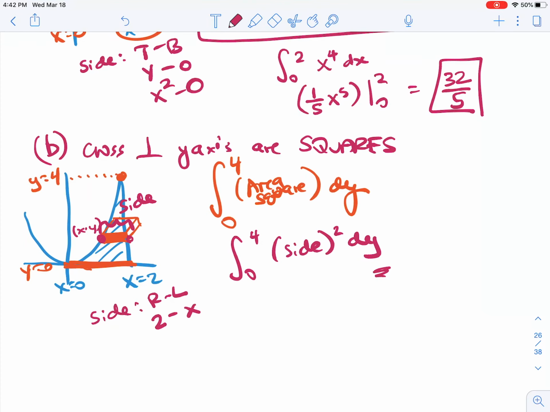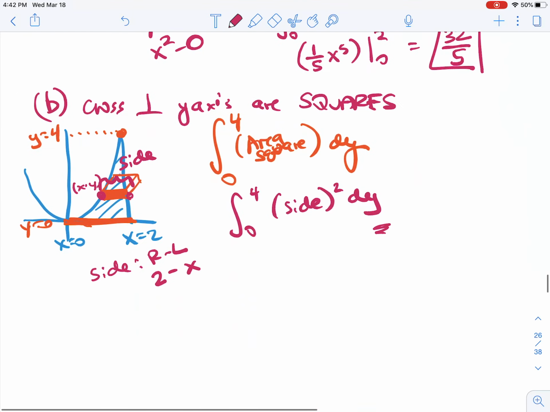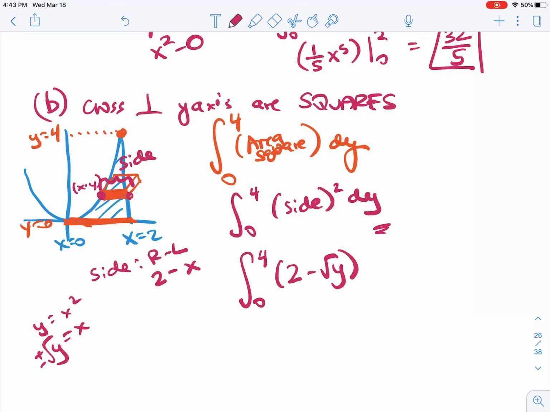It's clearly marked as a dy, so I'm going to make sure I can make that work. The equation here is y equals x squared, so I am going to solve this for x. Algebra tells me I have 2 possible solutions. If I am in quadrant 1, all y coordinates are positive, and so this is what I would get. Here's my volume formula based on changing the cross-section to now be perpendicular to the y-axis.